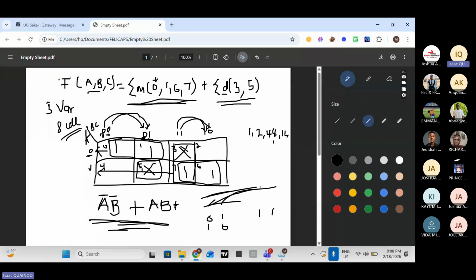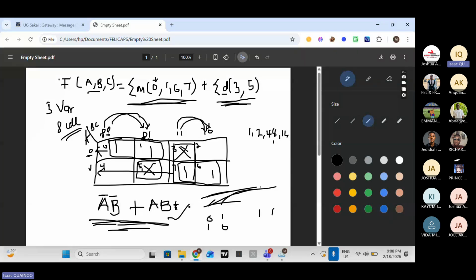So at the end of the day, we can say that this expression here, which is AB plus A prime B prime, whilst ignoring the don't care value, would actually give us a correct simplified version of that expression. If we decide to consider the don't care value as well, you have to perform a slight simplification and you arrive at the same output for our expression.